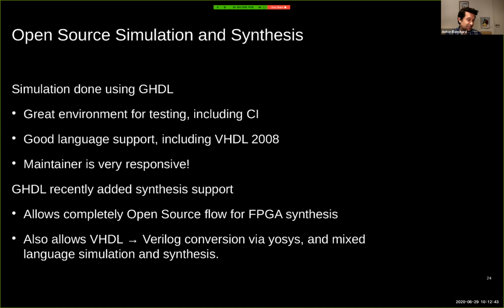The other interesting thing, which has been kind of fun, is that you can actually do conversions. So we can now convert VHDL through to Verilog, run it through Verilator, and that works. You could also do mixed language simulation and synthesis. So these tools are moving quite quick and offering a lot of interesting new things that you couldn't do a few months ago.